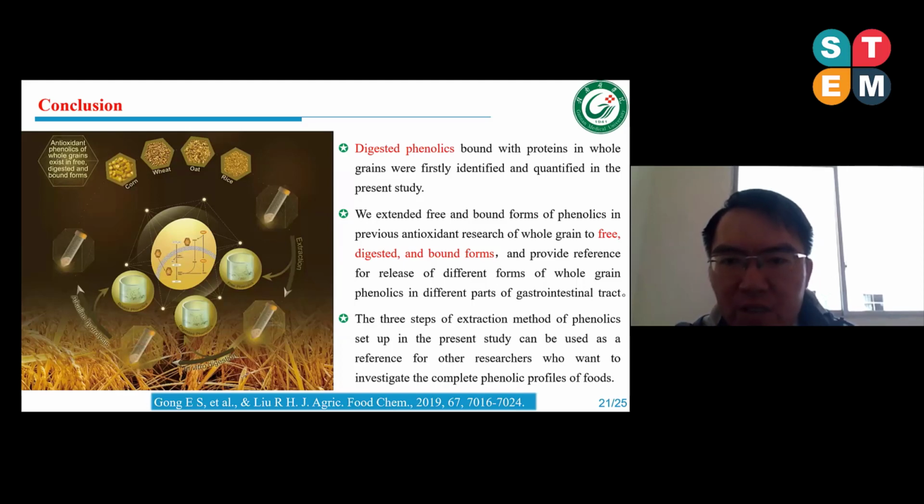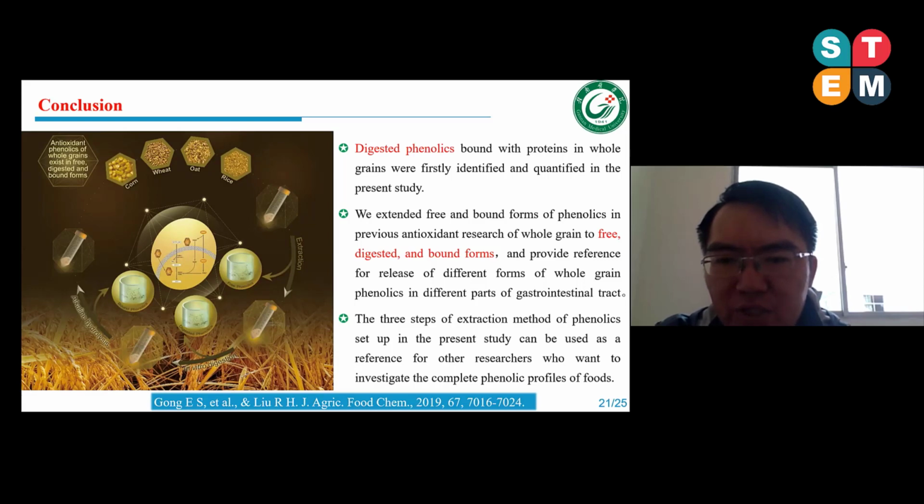In summary, the digested phenolics bound with protein in whole grain were firstly identified and quantified in the present study. We extended free and bound forms of phenolics in previous antioxidant research of whole grain to free, digested, and bound forms, and provide references for the release of different forms of whole grain phenolics in different parts of the gastrointestinal tract.